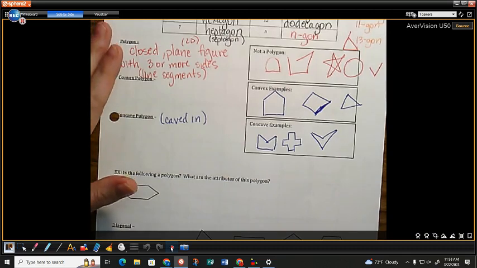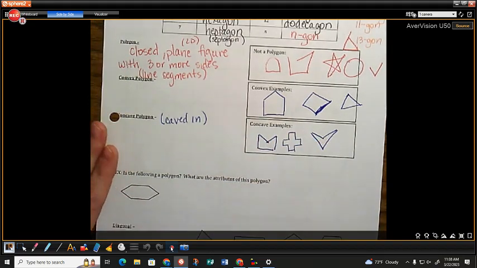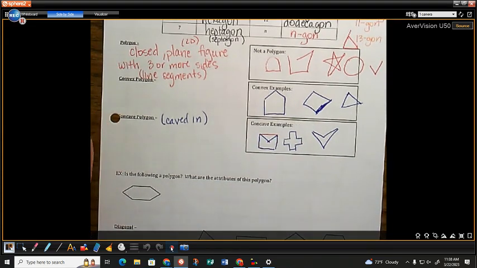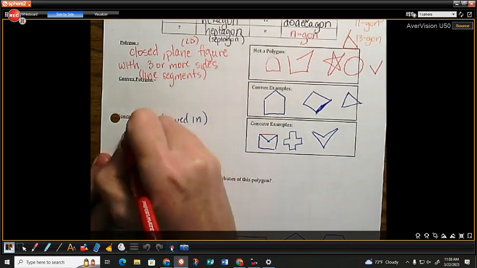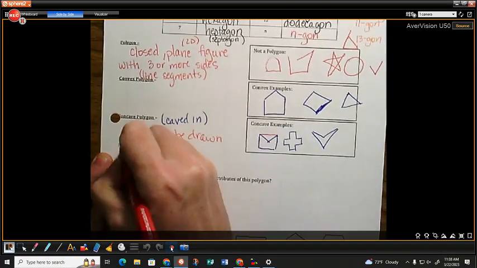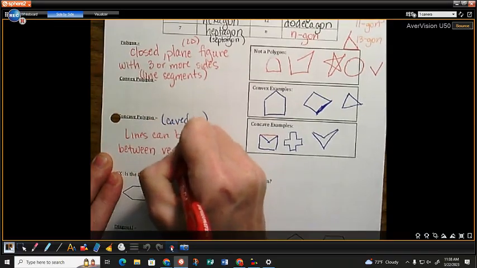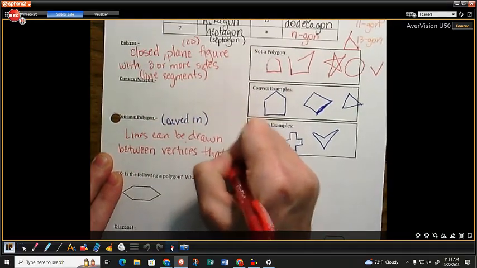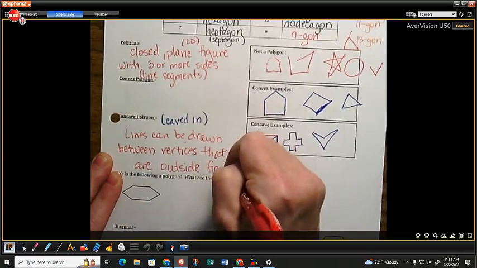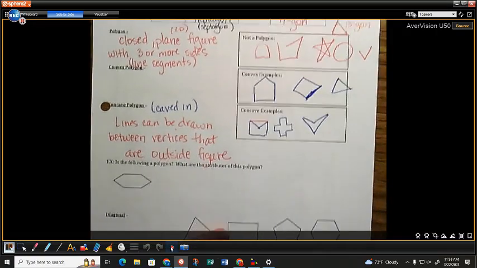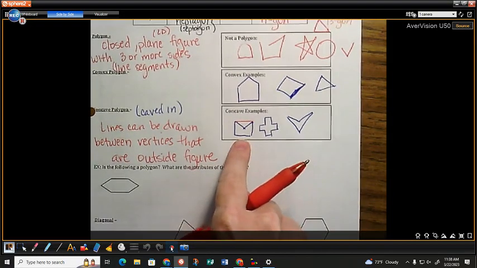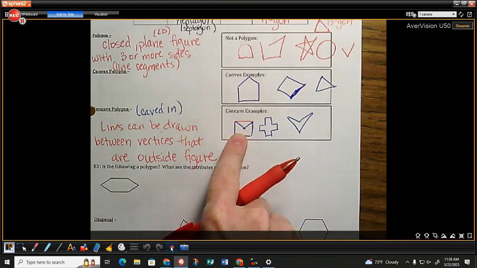The way we define it is by saying that if you can find any vertices that you can connect outside the shape, so lines can be drawn between vertices that are outside the shape, and you only need one to make it concave. So this first one only has one.